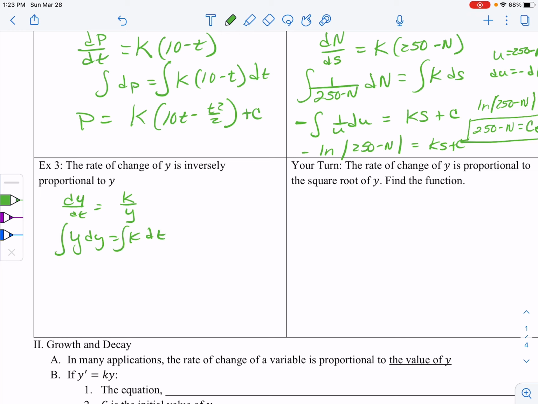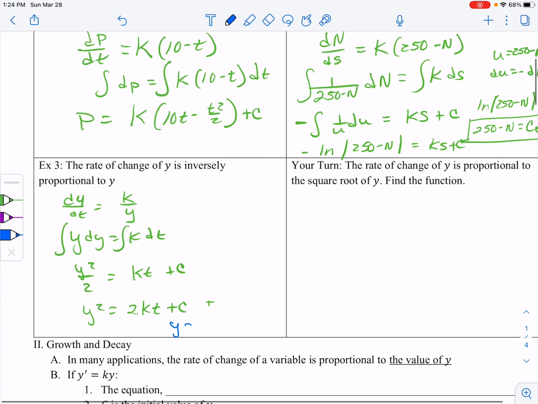Integrate, get y squared over 2 equals kt plus c. Multiply by 2, y squared equals 2kt plus c. And now take the square root. So you get y equals plus or minus the square root of 2kt plus c.